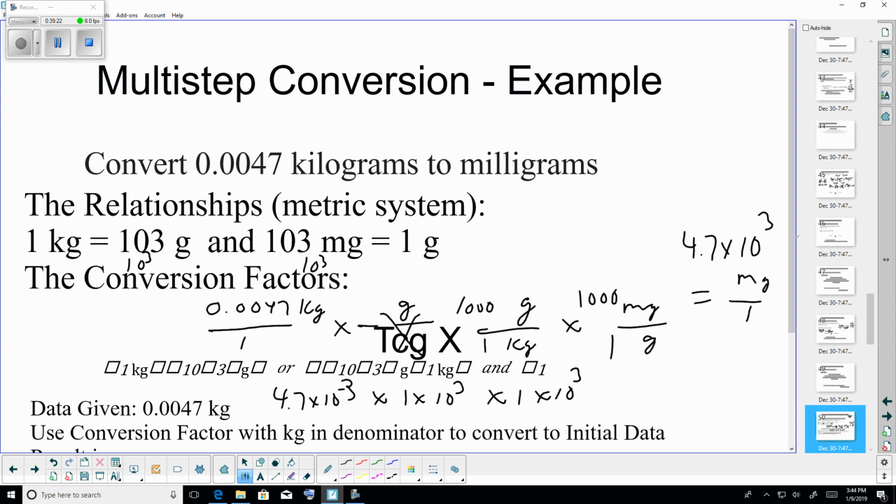When you multiply in scientific notation, you multiply the coefficients first. 4.7 times 1 is 4.7. The exponents you add, so minus 3 plus 3 is 0. 10 to the 0 times 10 to the third is 10 to the third.